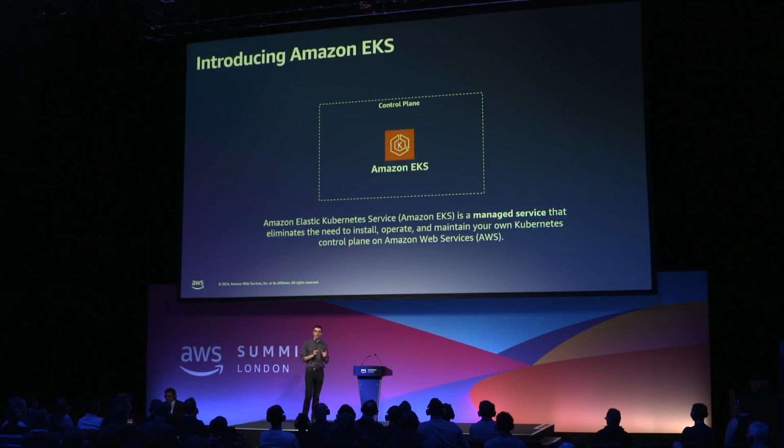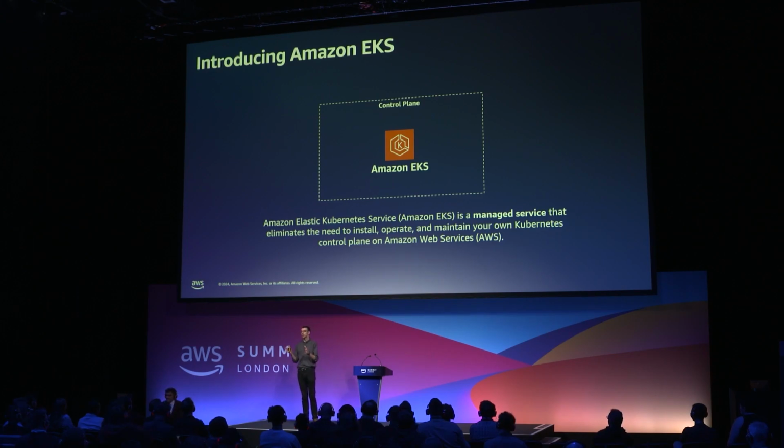Now, that brings us nicely onto Amazon EKS. And for those of you that weren't using Amazon EKS at the beginning or are new to the topic, Amazon EKS is a managed service by AWS. And with Amazon EKS, we take care of managing, securing, scaling, upgrading the Kubernetes control plane.